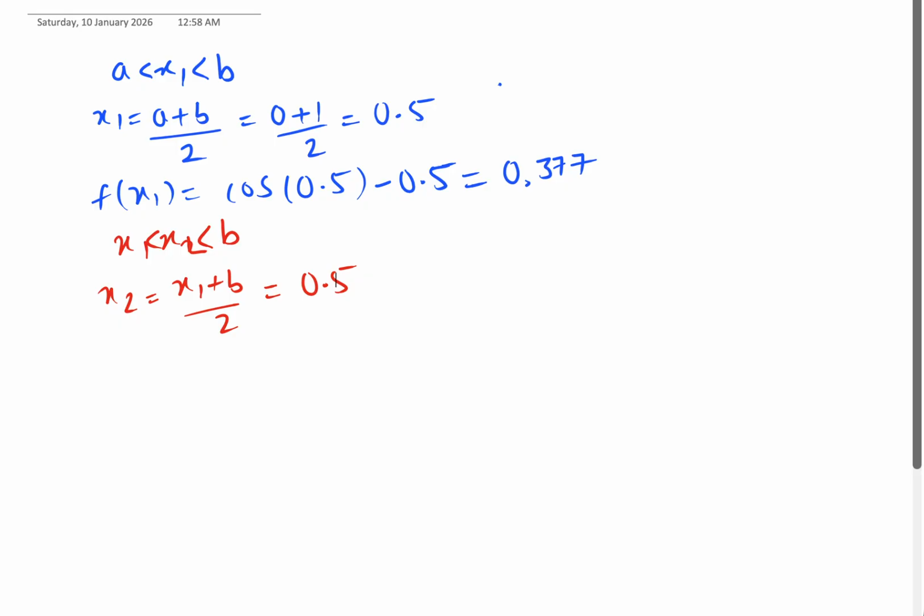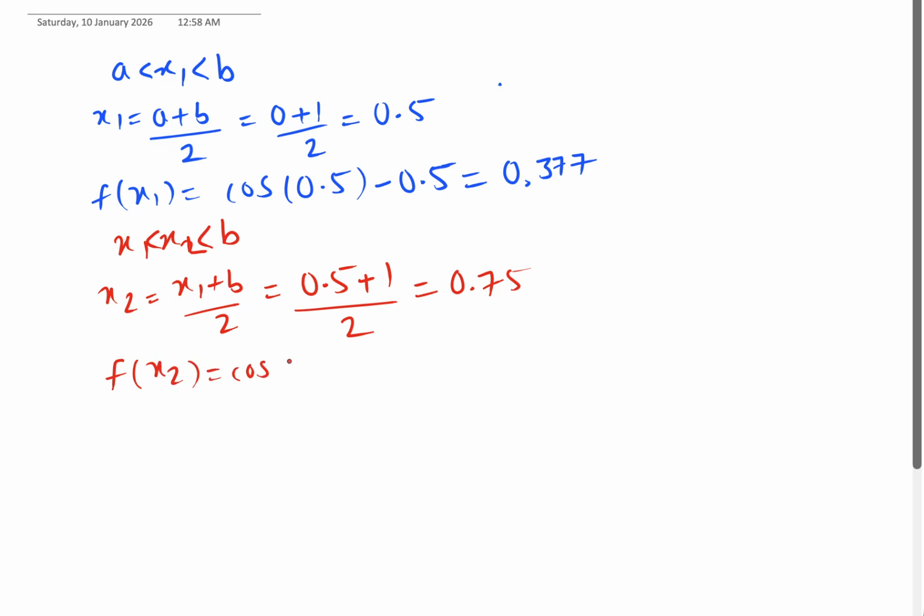The value of b is 1. It becomes 1.5 upon 2. 1.5 divided by 2 is 0.75. So let's calculate f(x2).